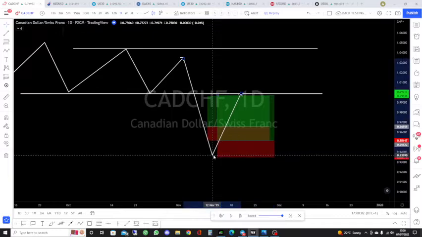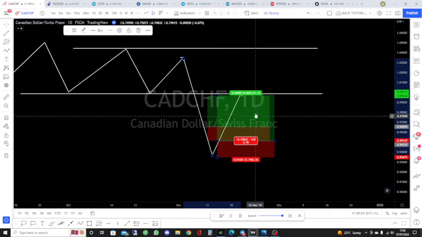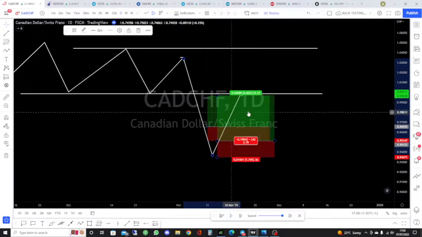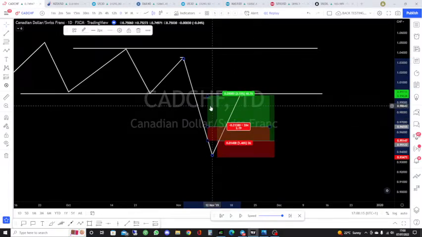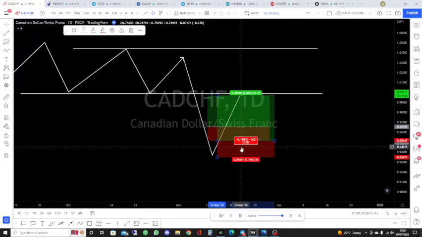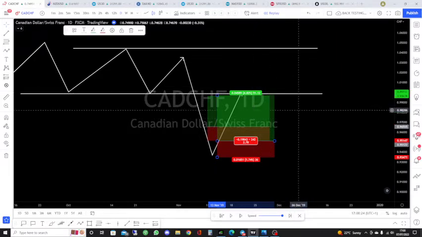If price comes back down, you're probably risking 3%, but you make like 3% on this one. If this is a 2-to-1, and this one here is like 2-to-1, this one is like a 3-to-1. So you're essentially risking 3% to make 5%, and in some cases you can make 6 or 7%.